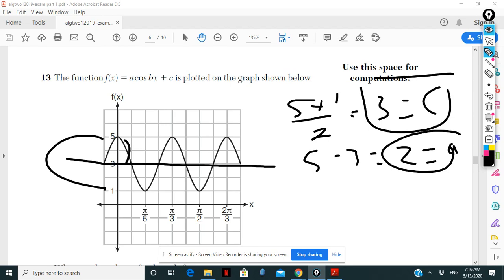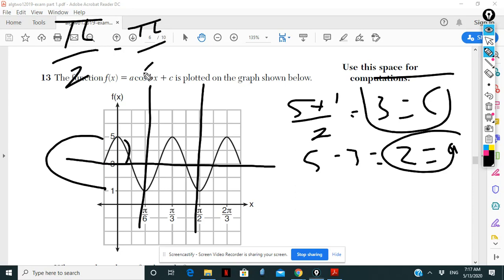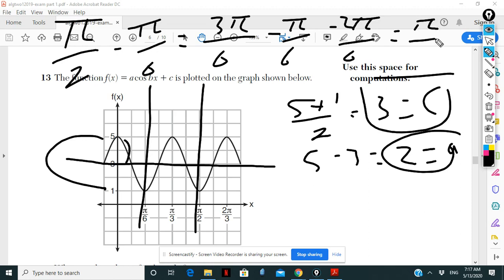Now for the b value, I can find it using the period. The period is when I have one complete cycle, so it's between pi over 2 and pi over 6. So pi over 2 minus pi over 6 equals, making the common denominator, 3 pi over 6 minus pi over 6 giving me 2 pi over 6, which is pi over 3.